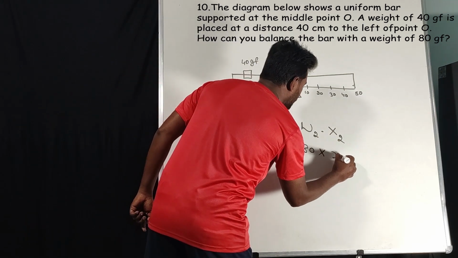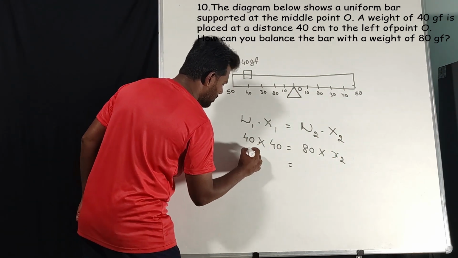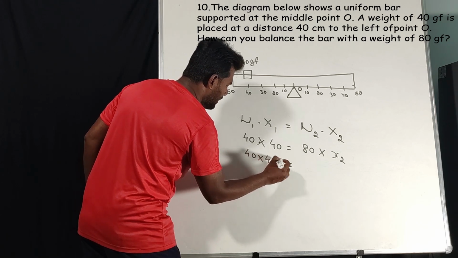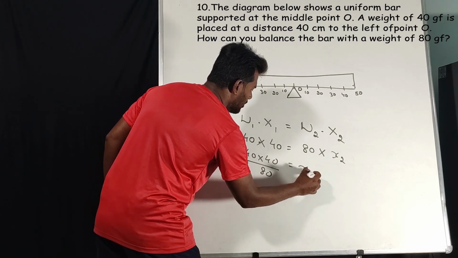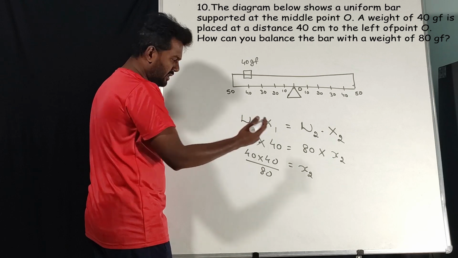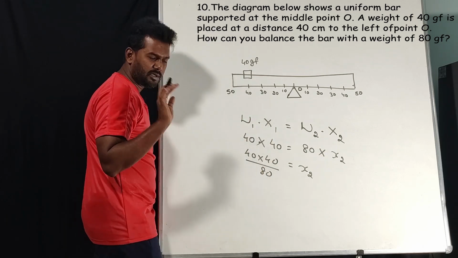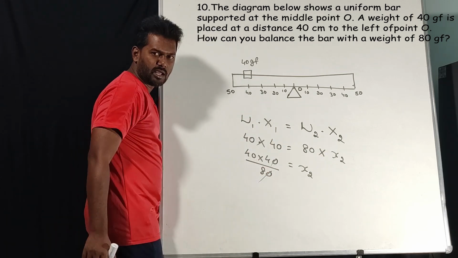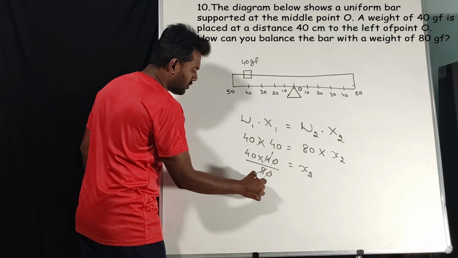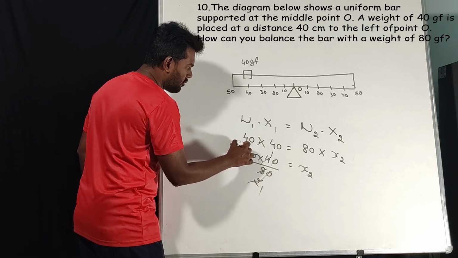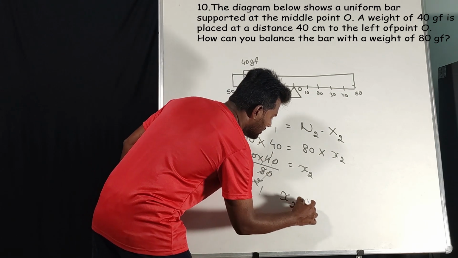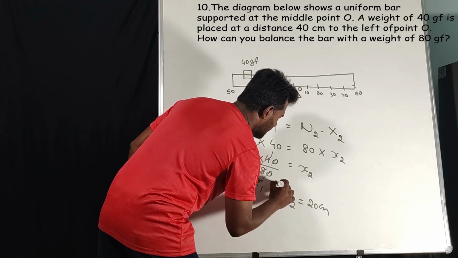So x2 value we have to find. So 40 into 40 divided by 80 is equal to x2. We are sending this 80 to this side, multiplication will become division. The 10s get cancelled. 4 ones are 4, 2 fours are 8, so x2 value is equal to 20 centimeter.